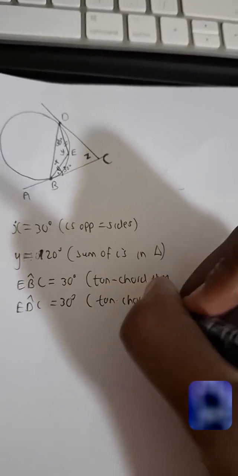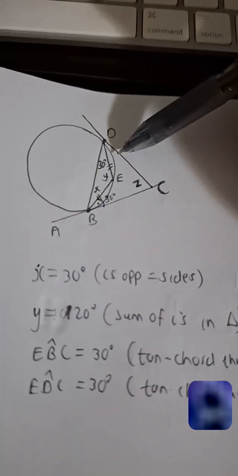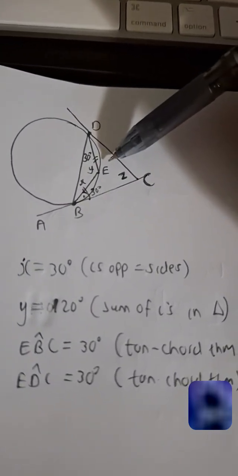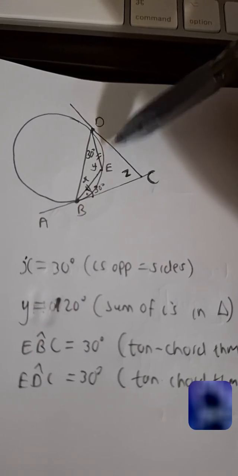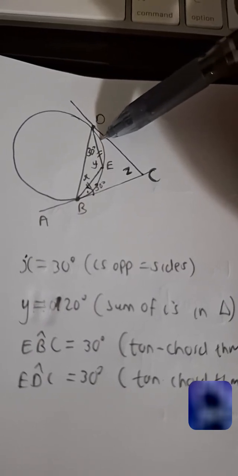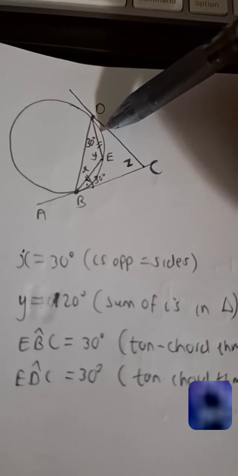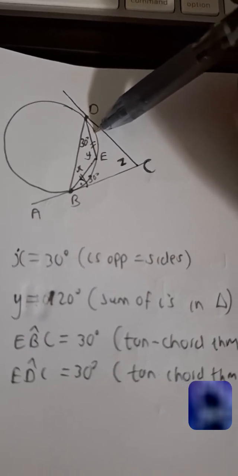Or we could have found it by saying that it is equal to 30 degrees because tangents from the same point have equal size, so DC is equal to BC. I hear you there.